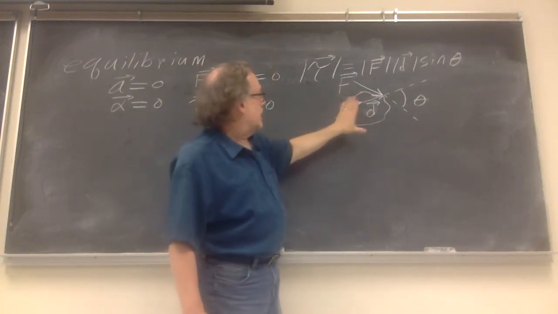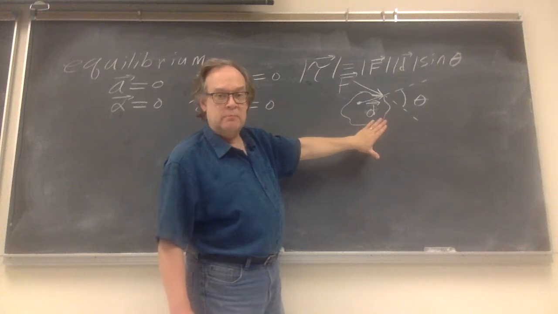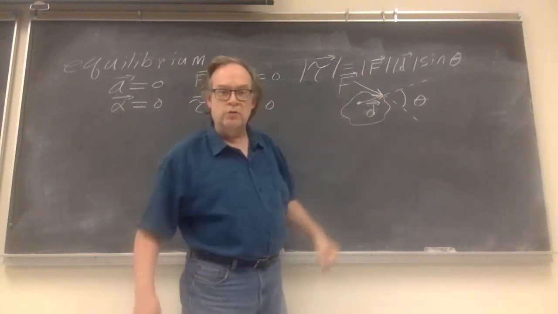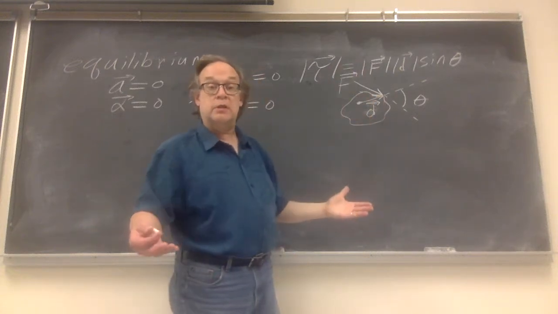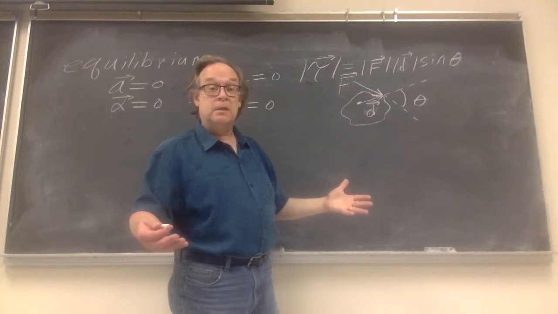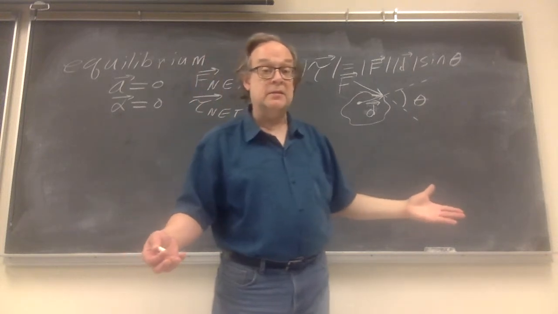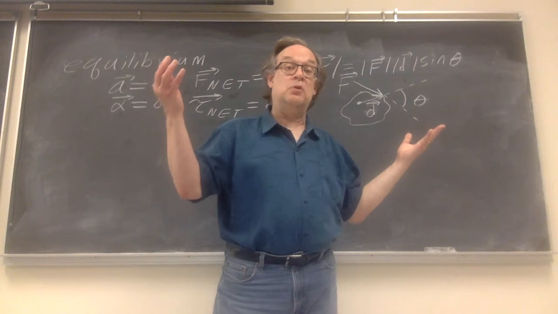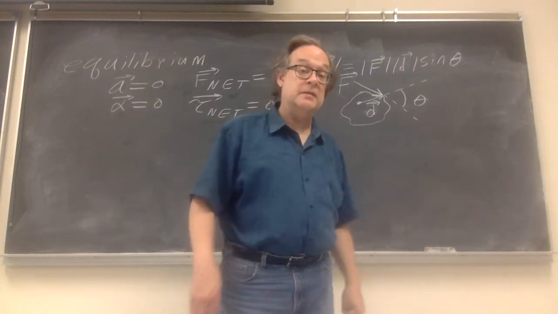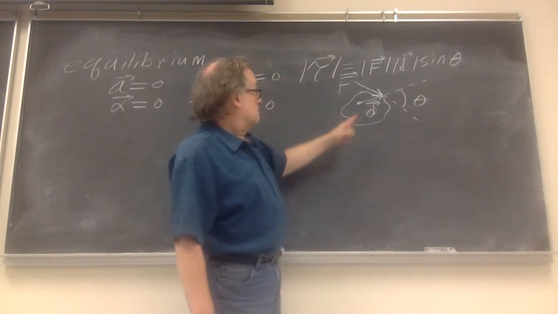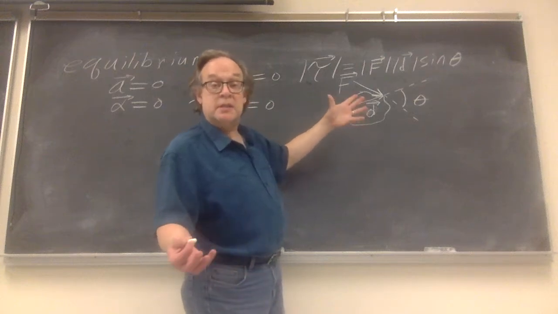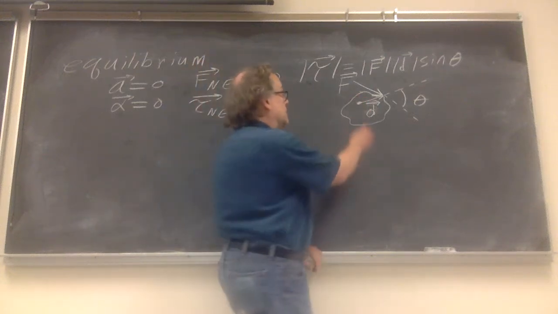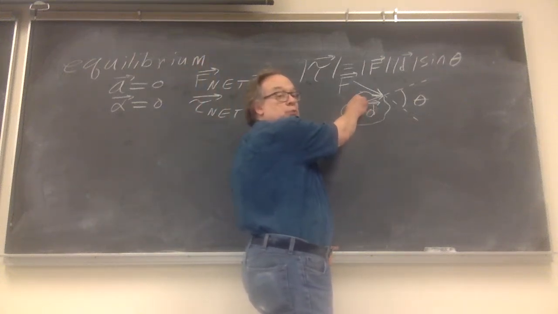Here's some rotating object, just a flat object with a kind of weird shape, just to make the point that this applies to any rotating thing, not just a simple rotating sphere or rotating disk. It's rotating about some axis, and we'll say that the axis of rotation passes through this point.